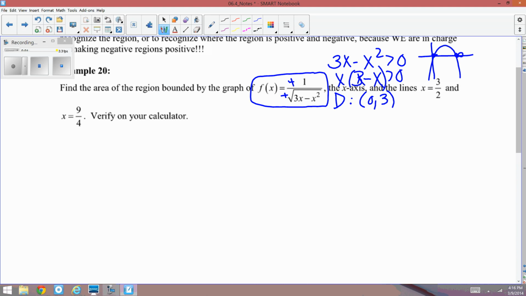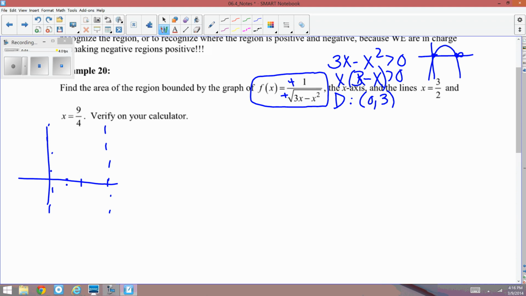Anywhere in that domain, this function is going to be positive, which will be helpful because now we don't have to worry about it making it negative. Our function is only in between 0 and 3 because it's only positive.